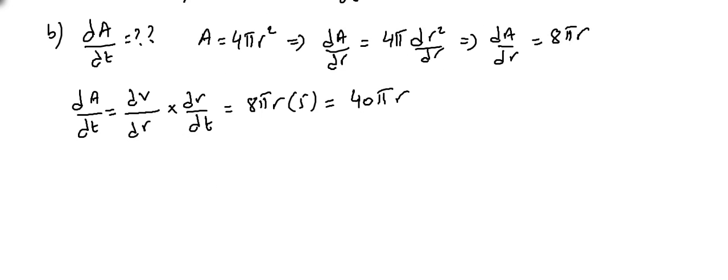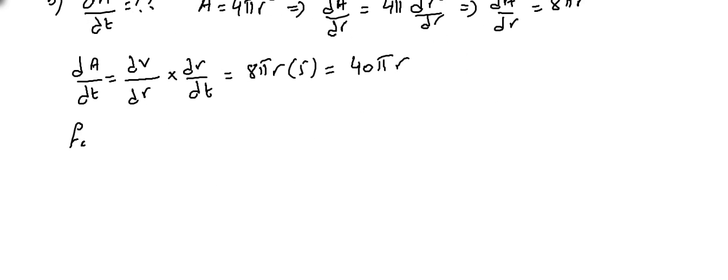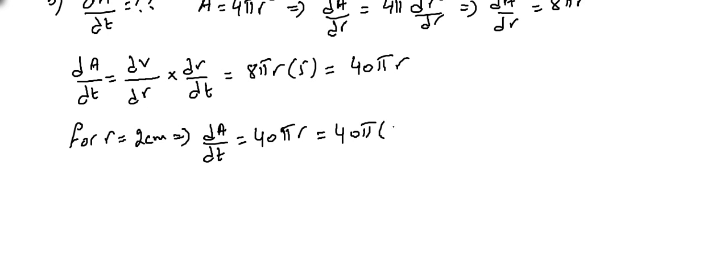Now for r equal to 2 centimeters, dA/dt is equal to 40 pi r. We substitute r with its value, 2, and we finalize the answer 80 pi. It's an area, so it's centimeters squared per second.